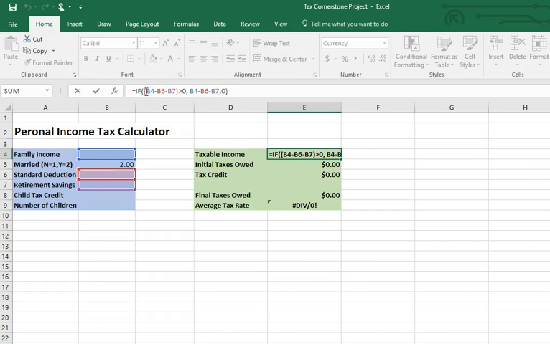So if this is true, what's before the comma, if it's greater than 0, then the number that we'll put into the cell will be this.